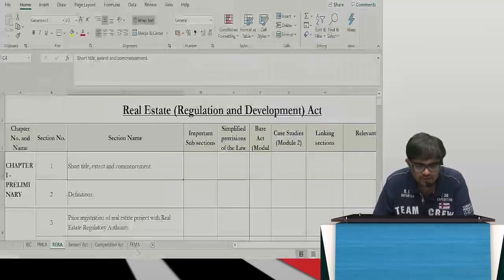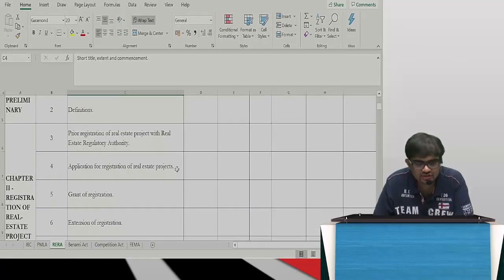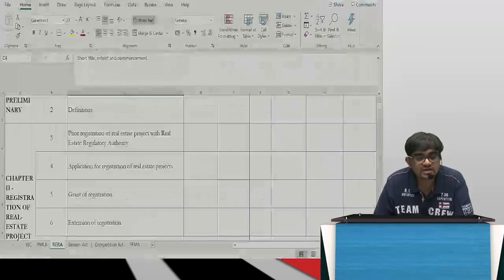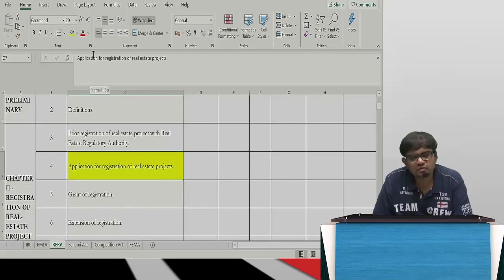And if you open this thing immediately, RERA, so all your registration and application for registration, etc. See, if you see, this question is about amount released for real estate project from allottees and separate can be withdrawn by promoter, certified by. This is basically registration related stuff. So it automatically comes under section 4, right? So like that, if you go to the mapping immediately and check, you will get the answer.